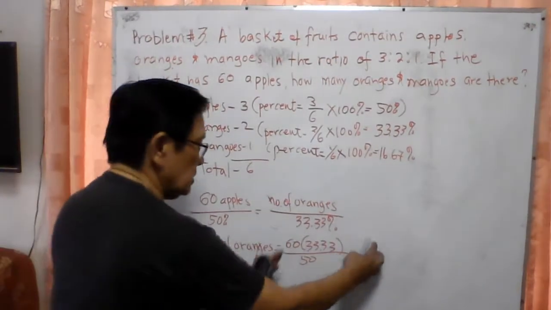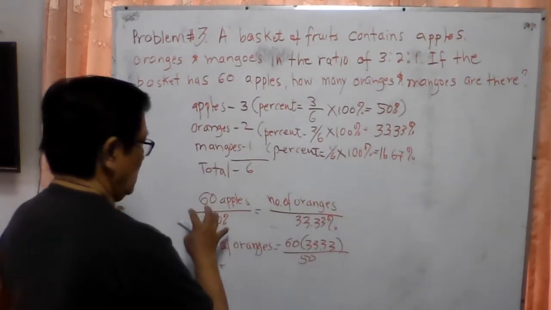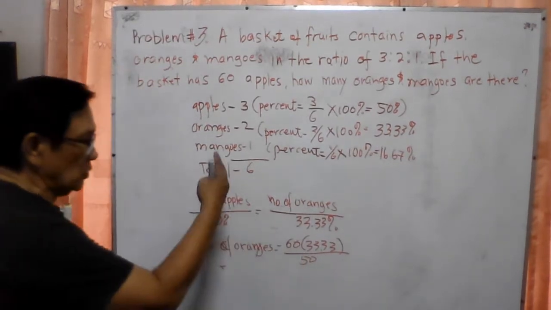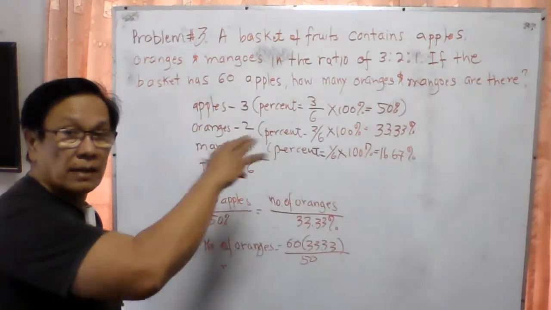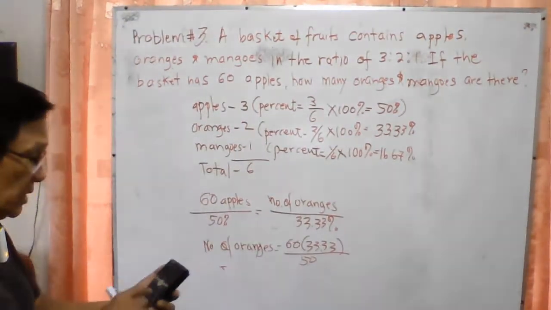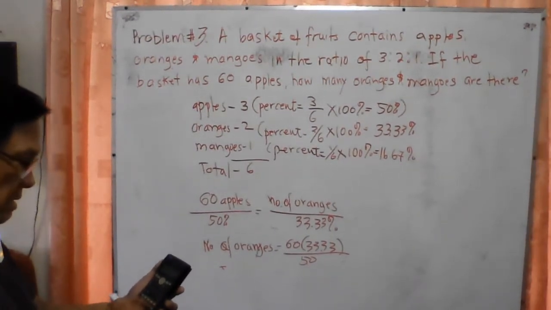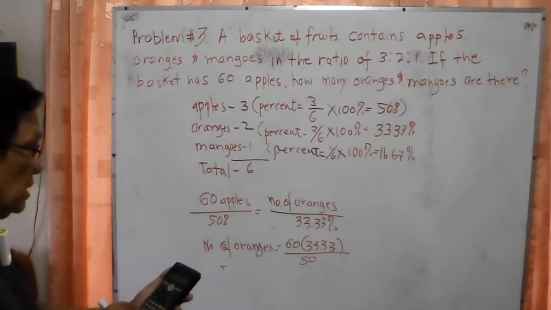If you want to see how this computation is being done, transferring from numerator to denominator, please refer to problem number 1. I have explained this in detail there. This is a shortcut. So 60 times 33.33 divided by 50.